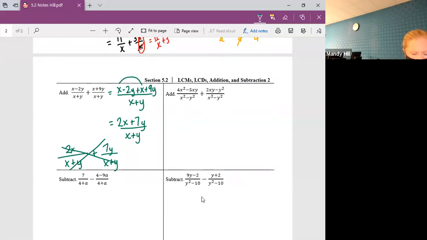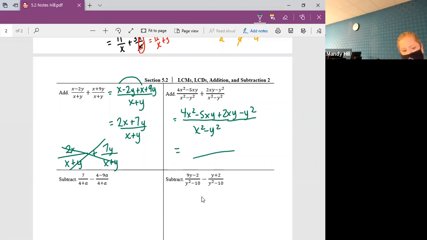We have got x squared minus y squared plus x squared minus y squared. So we know on the bottom is going to be x squared minus y squared. On the top, we're going to have everything else. Okay. I do not see anything that can go with the x squared, so I'm going to leave that alone.